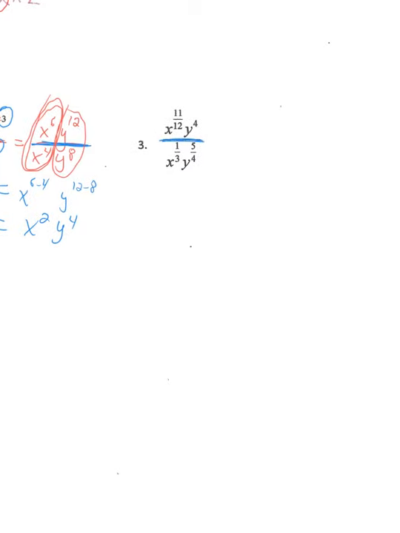So what are we going to do over here? Well, it's not going to look pretty, but we're going to have to practice it. I'm going to get x to the 11/12 take away 1/3. And y is going to be 4, whole number 4, minus fraction 5/4.